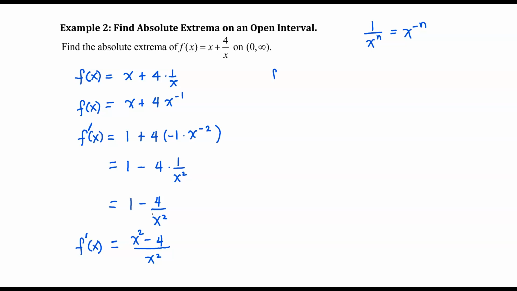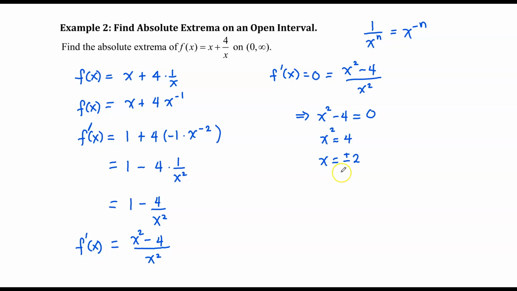Now, if you want the values of x such that f prime of x is equal to 0, that means x squared minus 4 over x squared is 0. If you have a fraction equal to 0, that implies that the numerator is equal to 0. So x squared minus 4 is equal to 0, x squared is equal to 4, and x is equal to plus or minus 2.